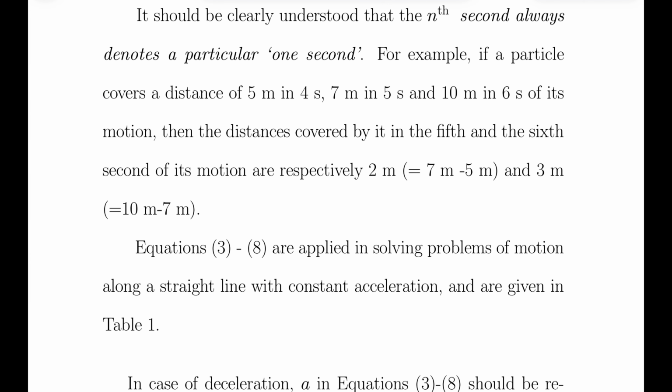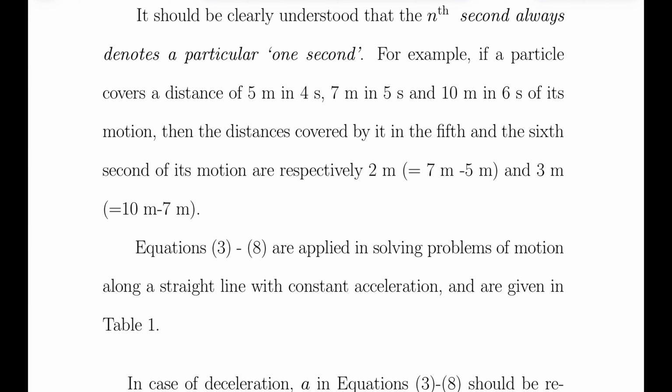So distance covered in the 5th second is total distance covered in 5 seconds minus distance covered in 4 seconds. That is 7 meter minus 5 meter, and that is your 2 meter.